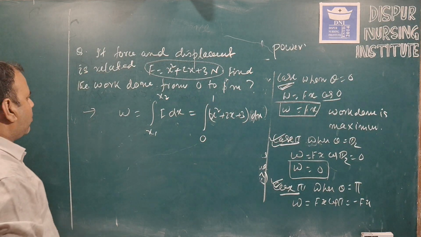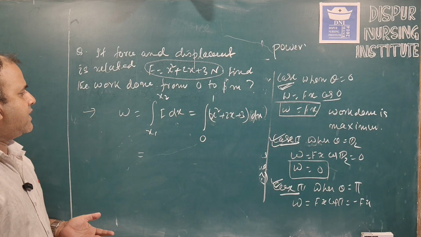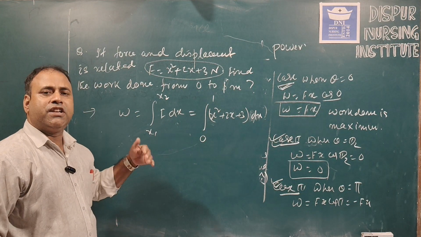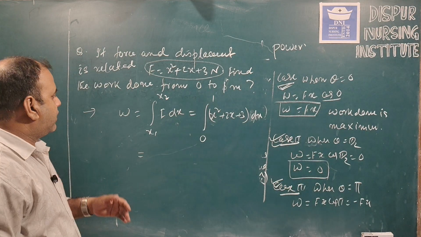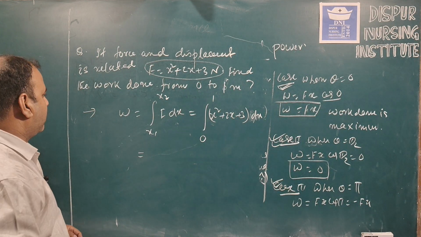In this case always remember, as I told you in the previous class also, that integration and differentiation are very important. That is why you should know the basics of integration, how to solve.